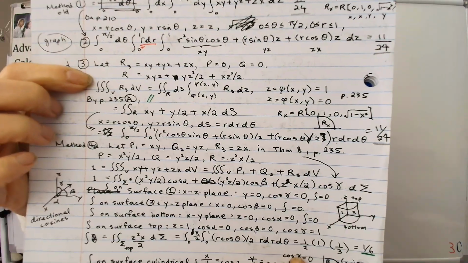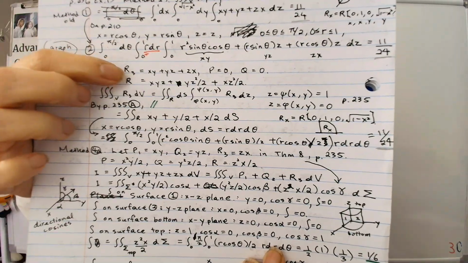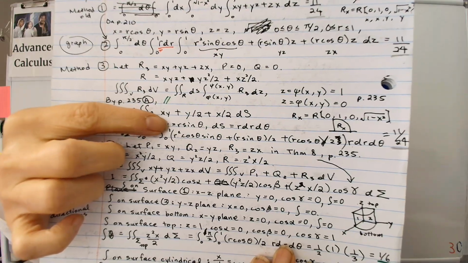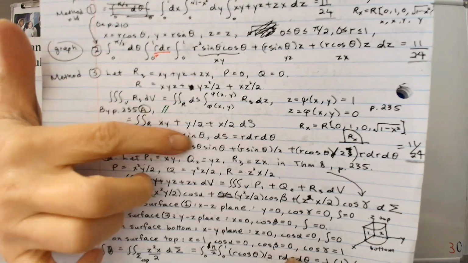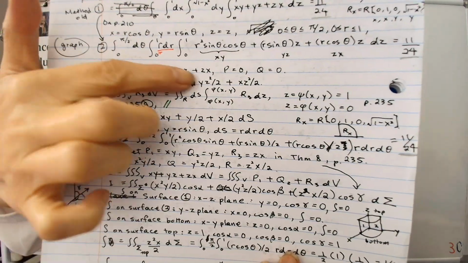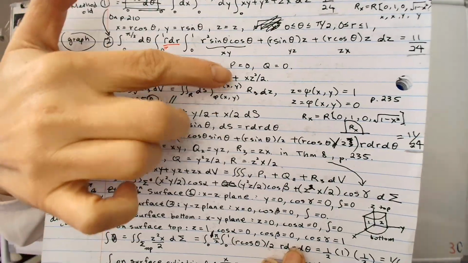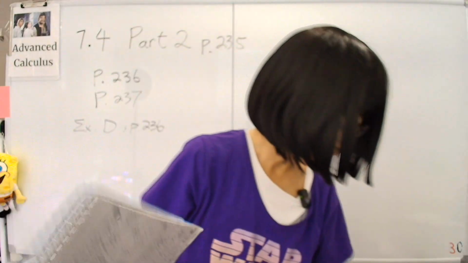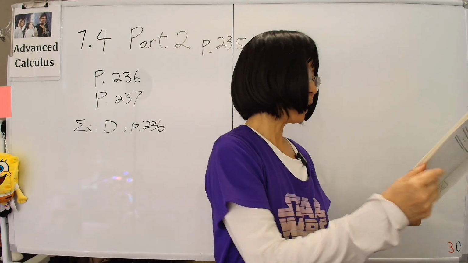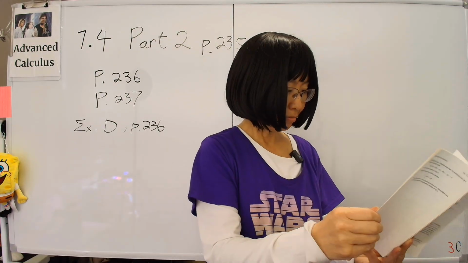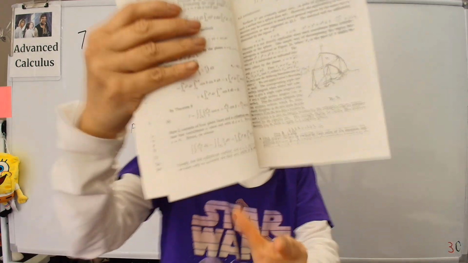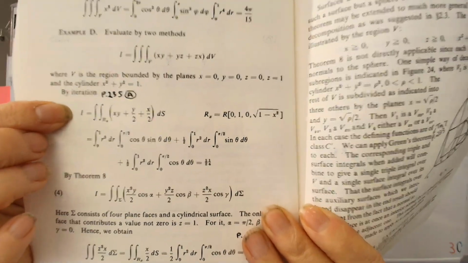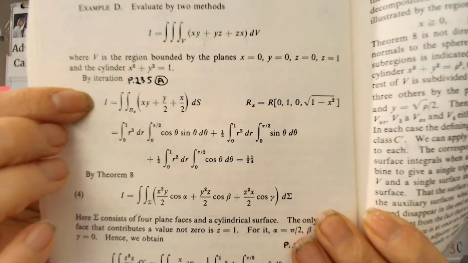Now when we plug that into this equation, we get Z equal to 1, the 0 disappears, and then Z equal to 1 again, we get y over 2 and x over 2 ds. So we got to this point, and that is what the book has, right? So that's where the book got to this part.